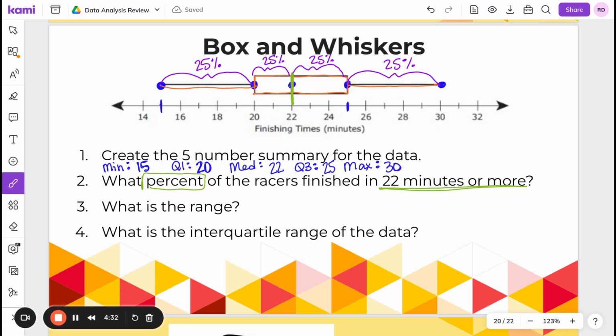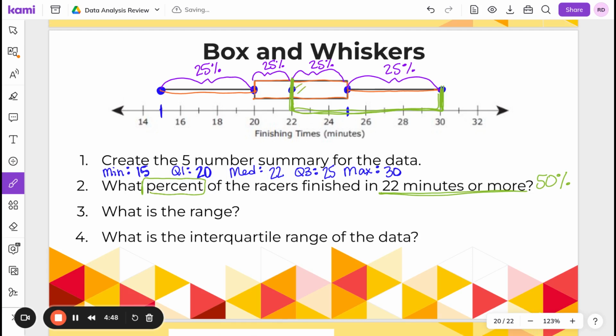If we cut our data in half, that means that half of the data is between 22 and 30. If we're talking about 1/2, that is 50% of the data. In other words, it's made up of 1 box and 1 whisker to get a total of 50% or half of the data that is in this model.